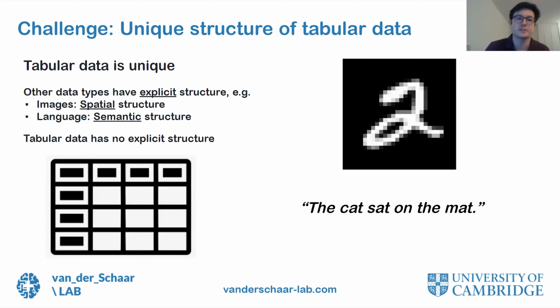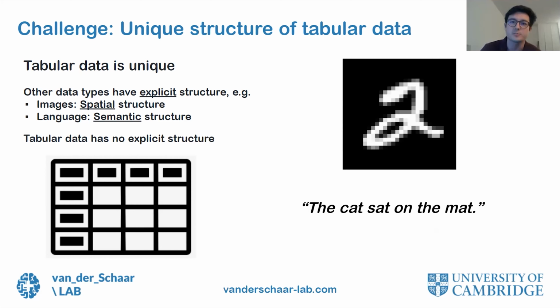Now, we're obviously not the first ones to propose self-supervised learning, and indeed in other domains such as computer vision, for example, image classification, or indeed natural language processing, self-supervision has proved hugely successful already. However, in genomics or even medicine more generally, we're not concerned primarily with these data modalities. And indeed, we're concerned with tabular data that is unique and actually fundamentally different from those types of data.